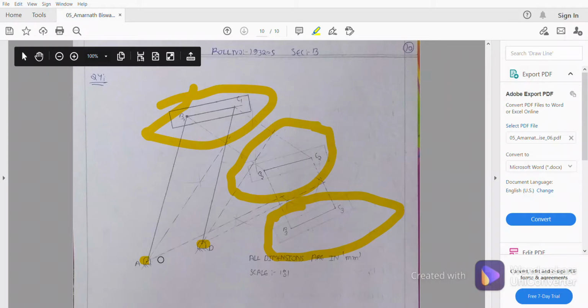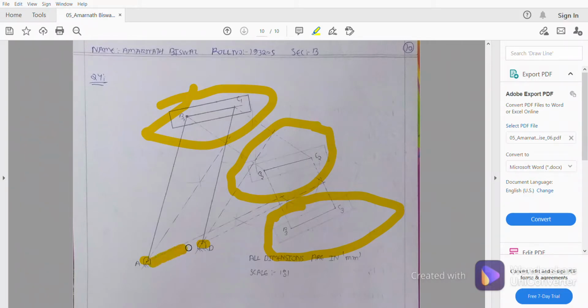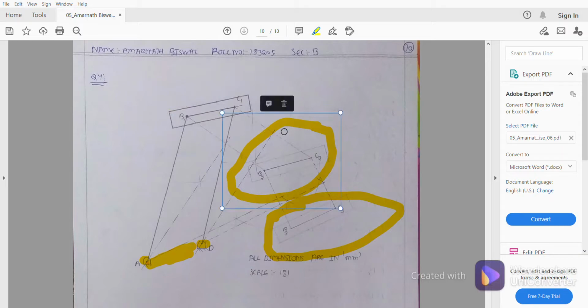We actually avoid drawing the line of the frame for simplicity, because it is understood that both these points are fixed link points, so we can draw without these lines.